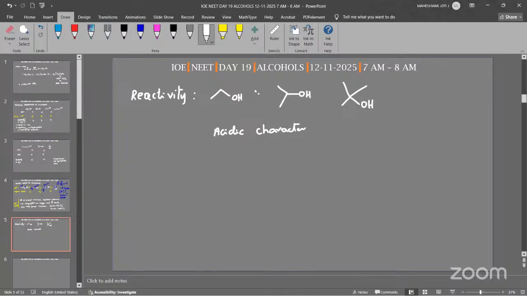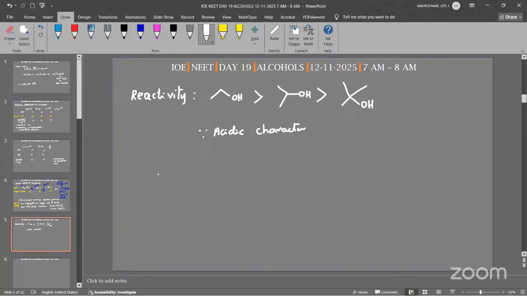So ethanol is more reactive than isopropanol, which is more reactive than tertiary butanol. So acidic character is decreasing, therefore reactivity is decreasing.